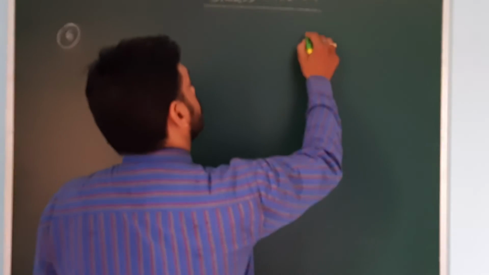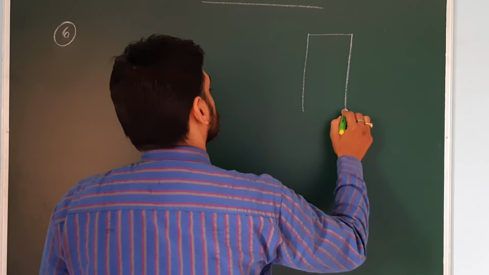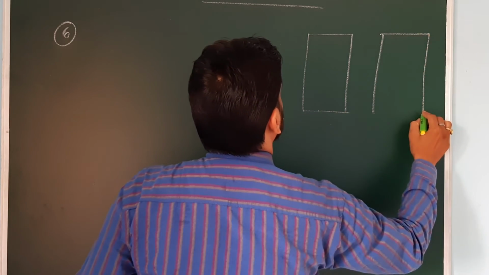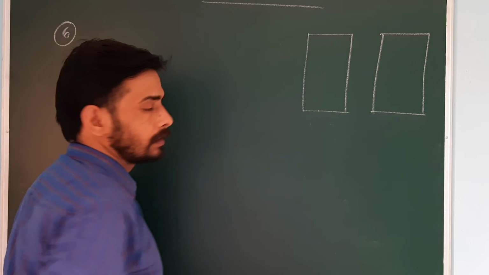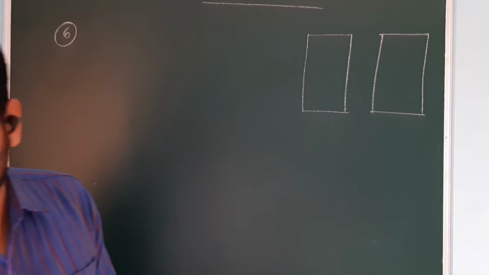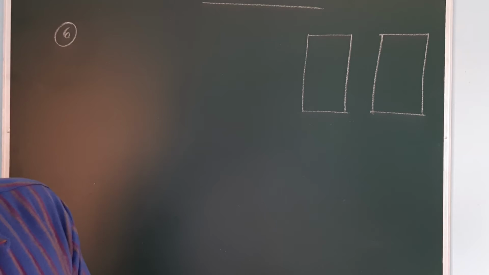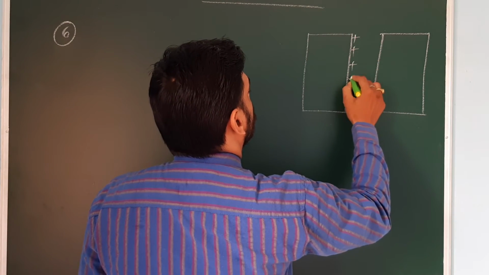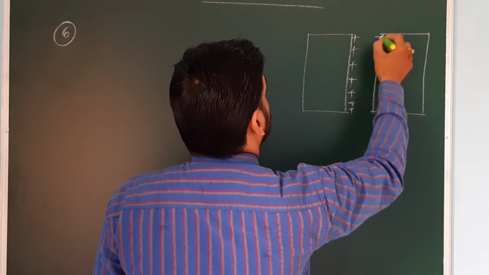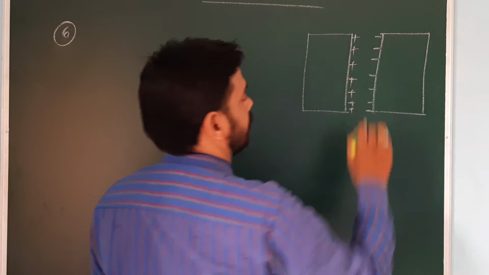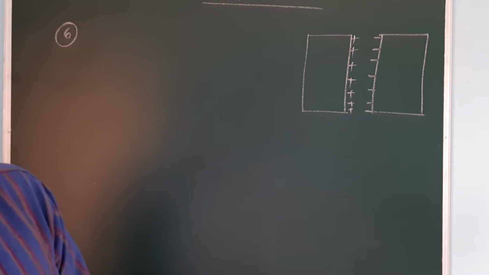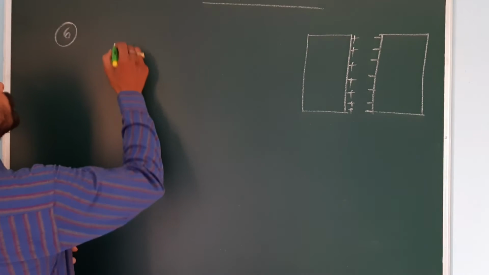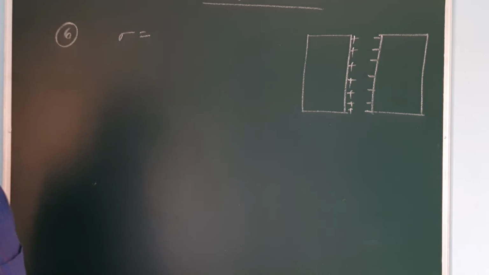Their inner faces carry equal and opposite charge, correct? Okay, good. And with the surface charge density, what about the surface charge density? Sigma is given. How much?